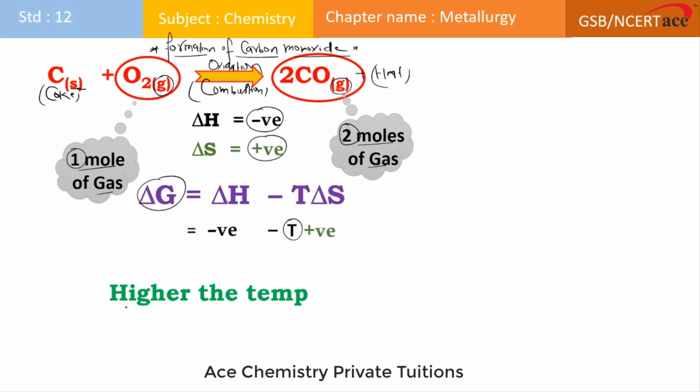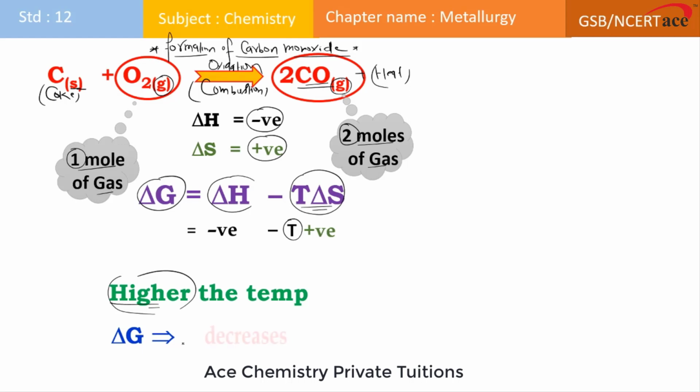The answer is higher temperature, because if you increase the temperature, this entire term will increase, and if you subtract this bigger value from the smaller value of delta H, you will get a negative value of delta G. So delta G is negative in this case if the temperature is higher. It clearly indicates the formation of carbon monoxide takes place at very high temperature.